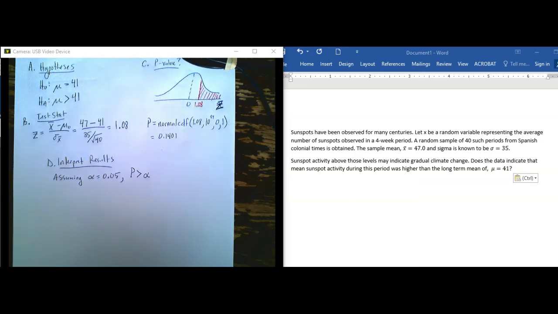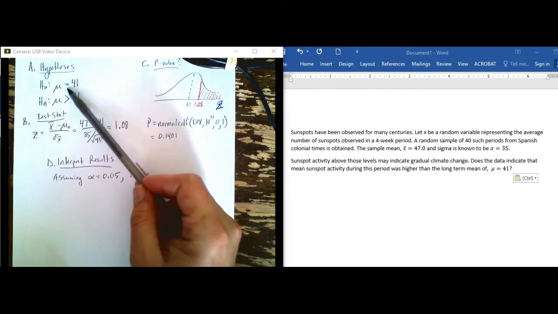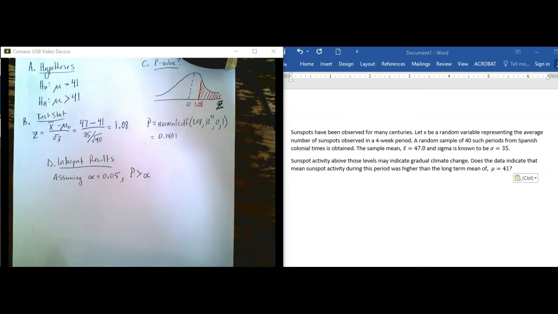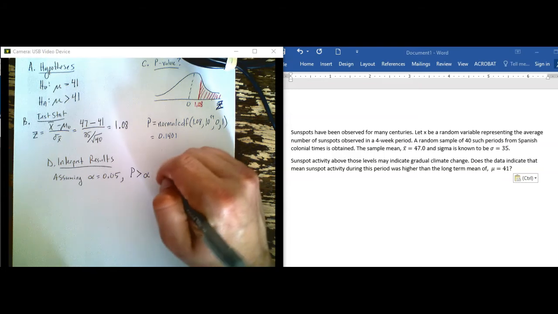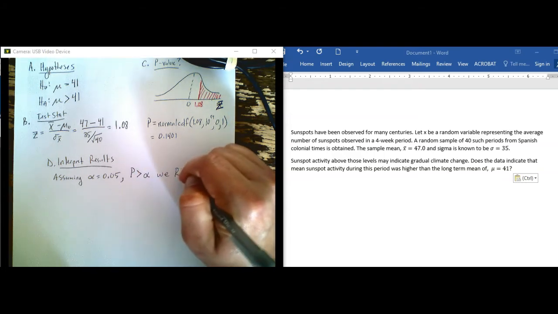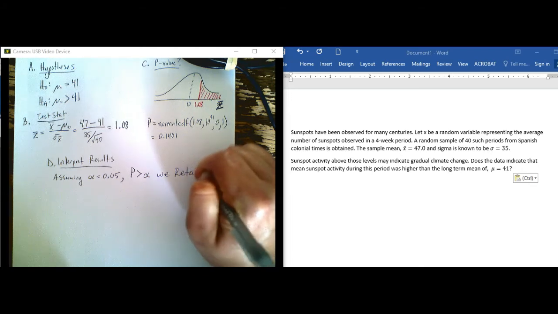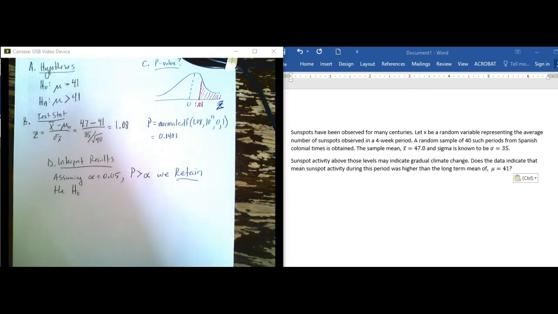So that means that there is a high probability that we produce samples under this distribution, the null distribution, when this guy is true, right? So what that gives us is, P is greater than alpha. We retain the null hypothesis, right?